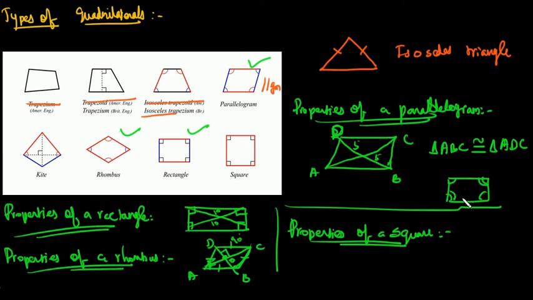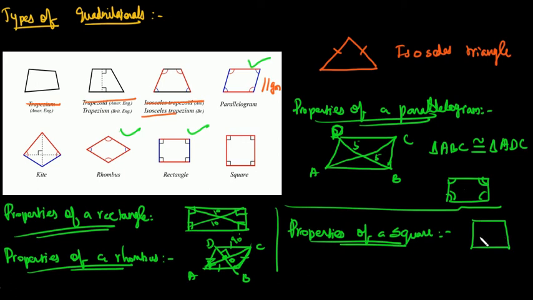What is a parallelogram? When opposite sides are parallel in a quadrilateral, we can call that figure a parallelogram. Here also in a square, opposite sides are parallel, so a square is also a parallelogram. And all sides of a square are equal.